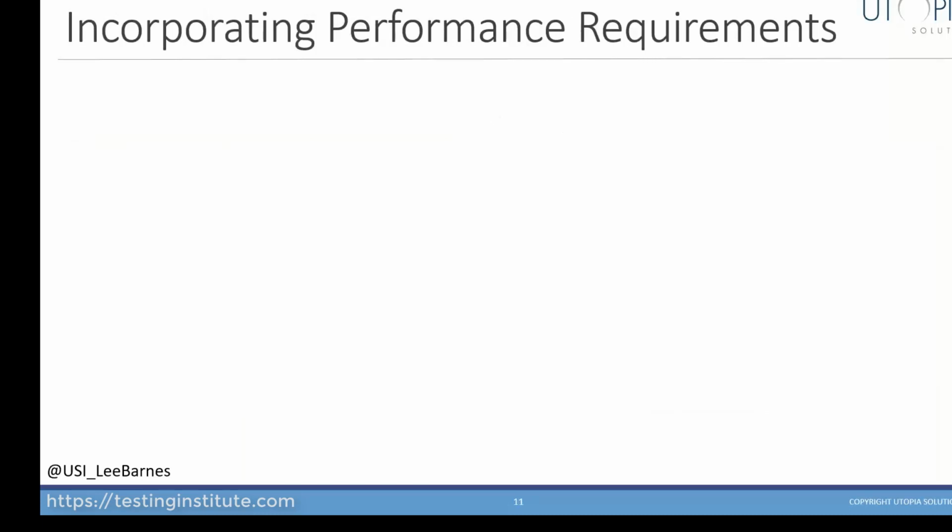So thinking about performance factors is a good first step, but how can we incorporate performance requirements more formally in our work? I've seen a handful of approaches, and from my experience, what's right depends on how the organization prefers to work. So let's look at some examples of how organizations are incorporating performance requirements more formally.